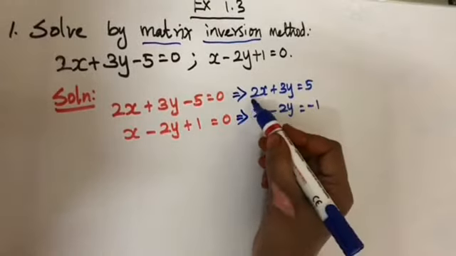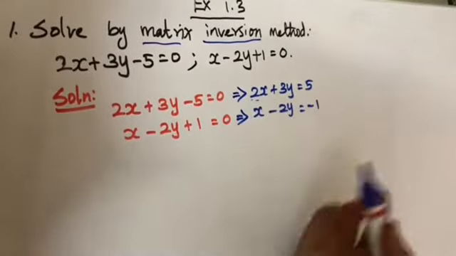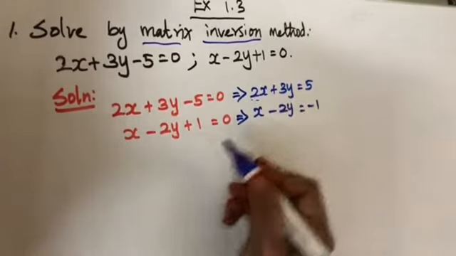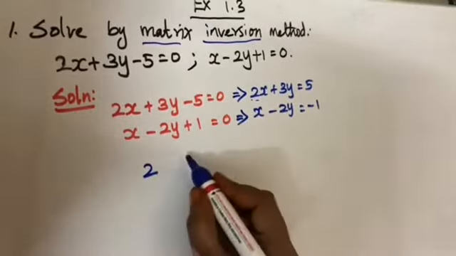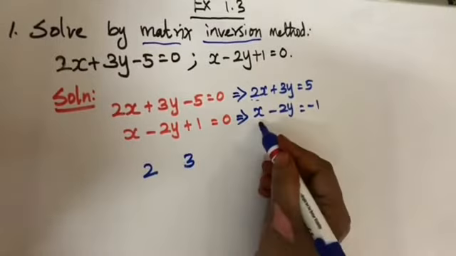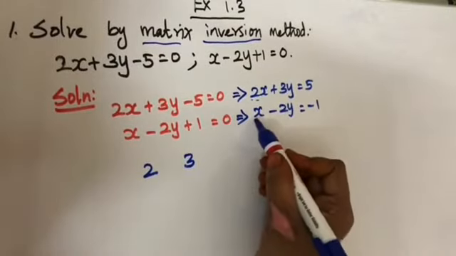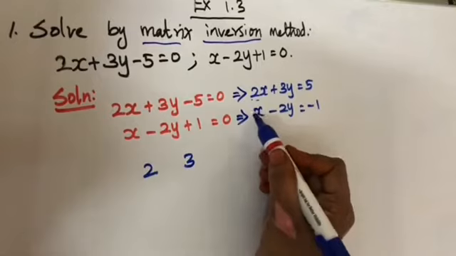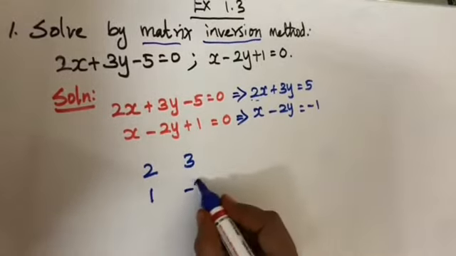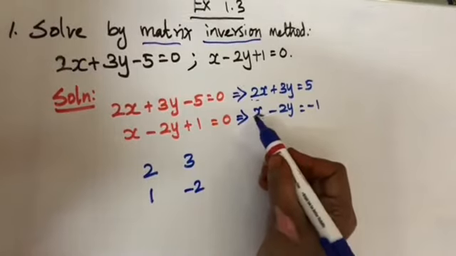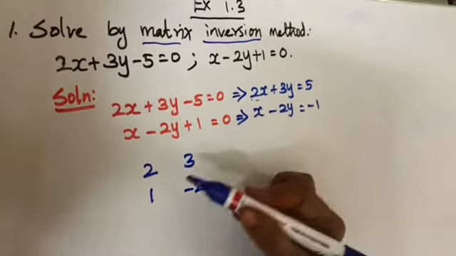First we write the coefficients of the variables. So 2 and 3. In the second equation, what is the coefficient of x? 1, right? And for y, it is minus 2.